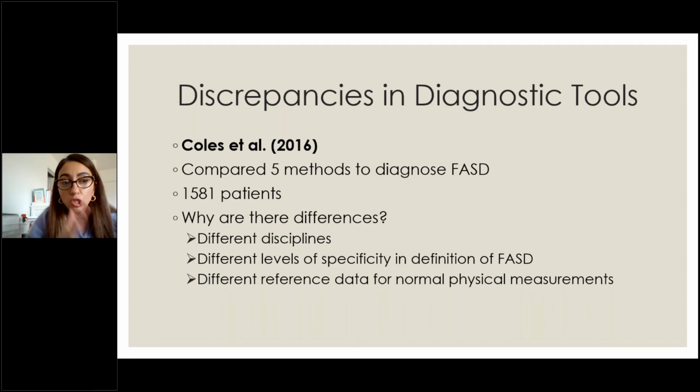So we can do a global one saying this client has no damage versus this client has damage, but we cannot determine the severity. We cannot determine the comorbid conditions with that only. Therefore, the client still needs an evaluation for the specific diagnosis. Therefore, it's not an evidence-based diagnostic method at this time.